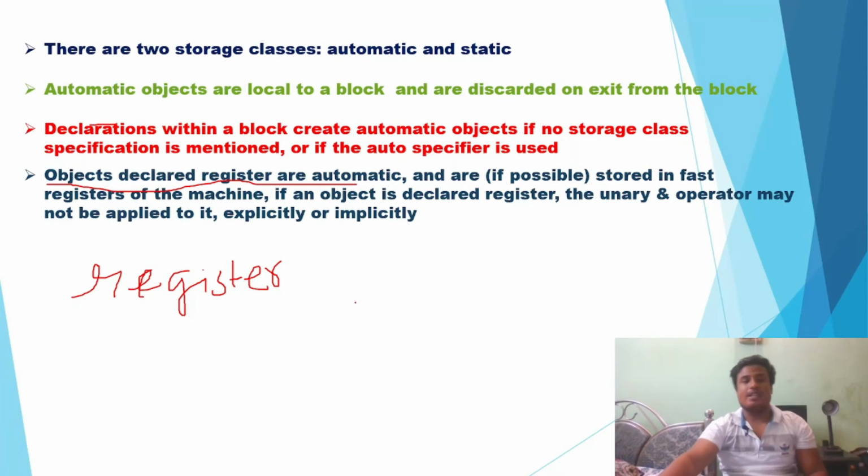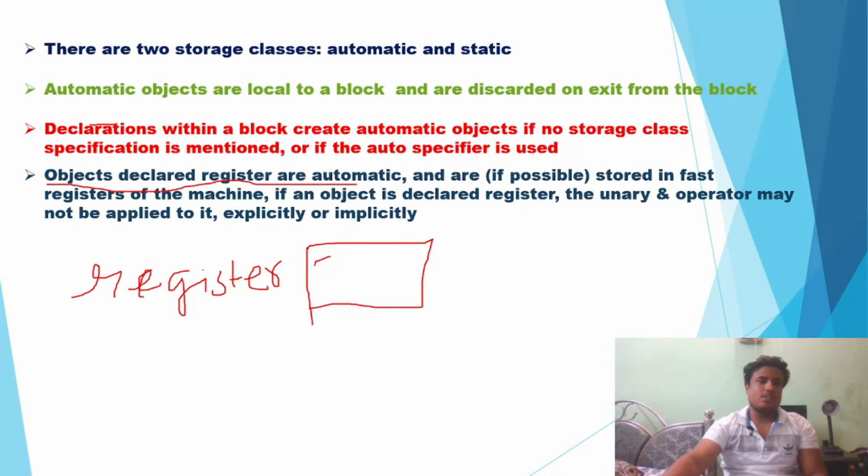So what is a register? If you know the memory hierarchy, don't worry, I will explain everything here. Suppose this is our CPU, the processor itself. These small bits are very costly, and are known as registers.